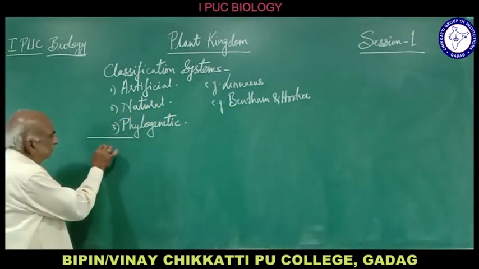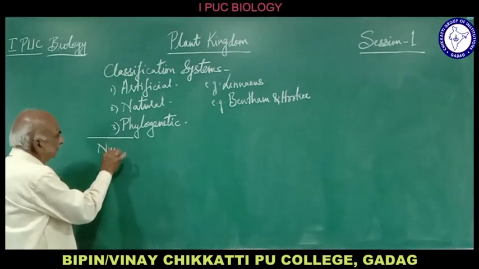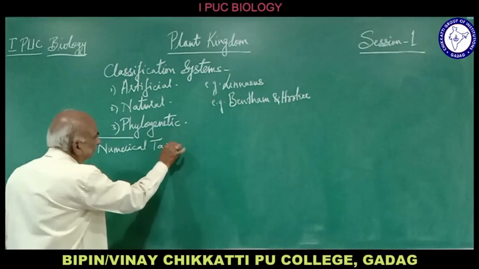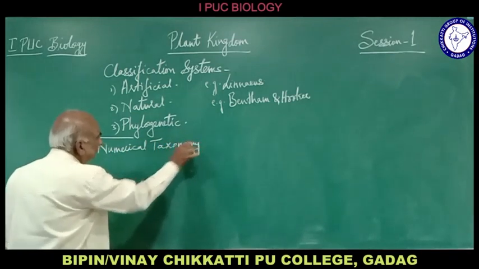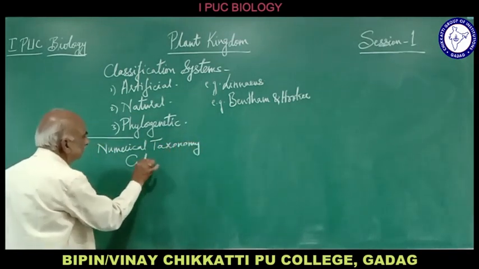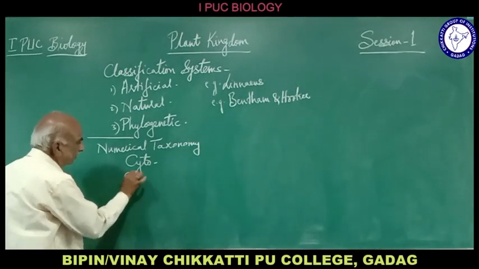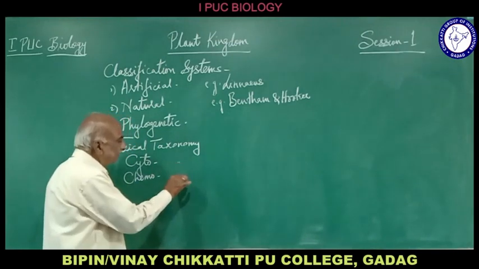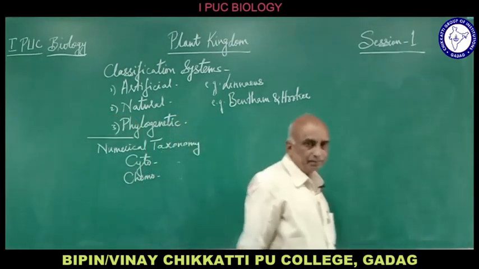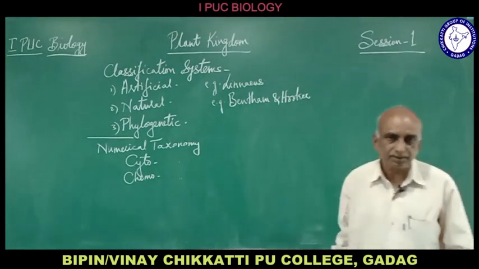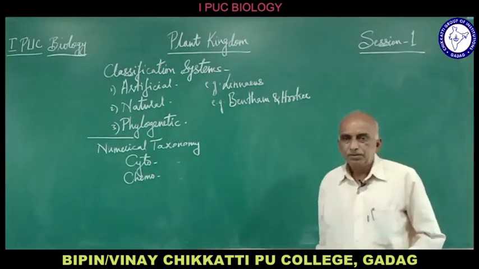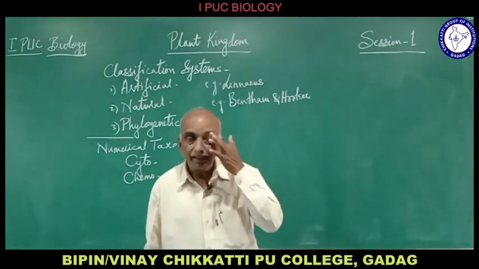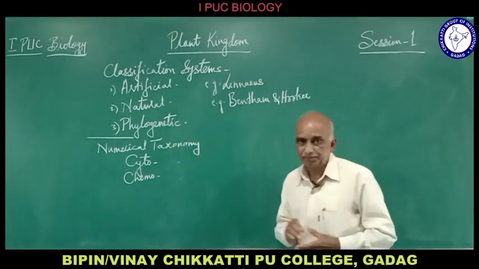Now in this we come across three types of taxonomy: numerical taxonomy, then cytotaxonomy and chemotaxonomy. So these are the three terms which we have to know before going to the actual groups of this plant kingdom. So what is numerical taxonomy, what is cytotaxonomy and what is chemotaxonomy?